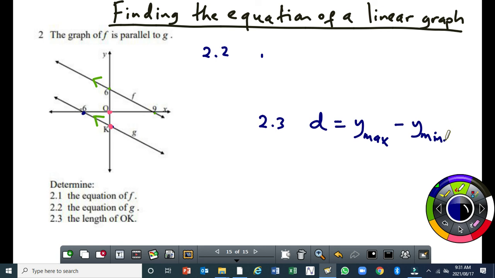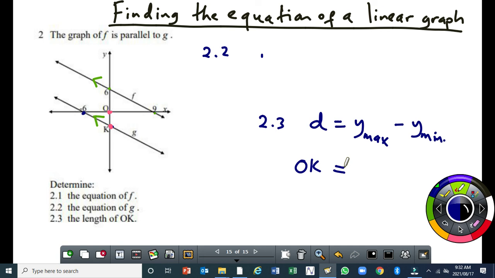Later, we'll introduce what's called the distance formula. That's when you do analytical geometry. But this formula will help you to get the 4 units that Paul spoke about. And you get a positive answer straight away. So let's use it. The distance of OK, so I'm replacing the d by OK because we want the length of OK.